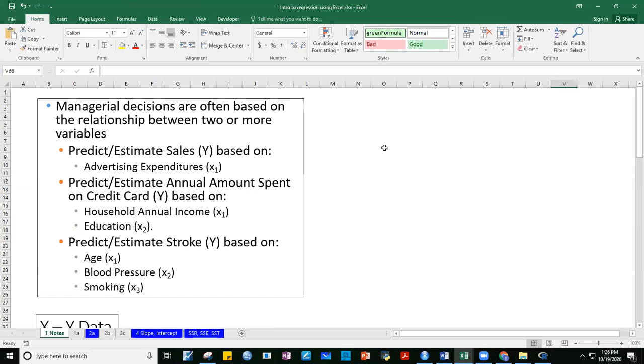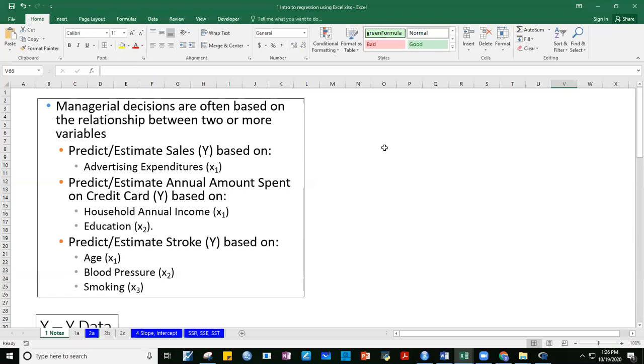When you say regression, you would want to predict a particular variable called your dependent variable when another variable, your independent variable, changes. So any change in your independent variable would lead to a change in your dependent variable.